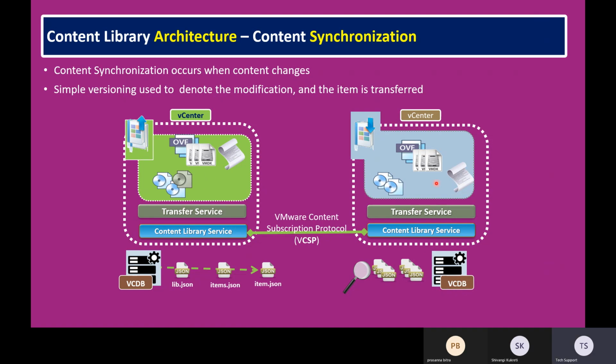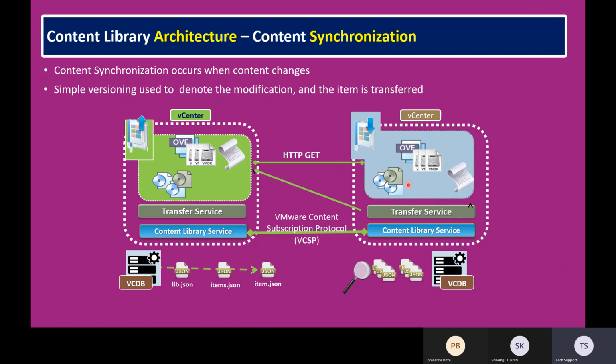The transferring process is taken care of by the transfer service. This is the data plane. It will pull the data using HTTP GET. GET means it will get the data from source to destination. Whatever change happens on our source side, the modified ISO file is immediately copied to the destination also. But earlier there is no ISO file. Once we send the request from the transfer service to the source, the source will send that file to the destination.